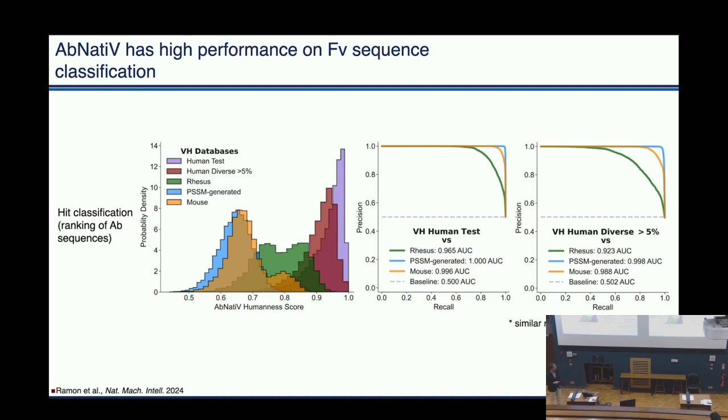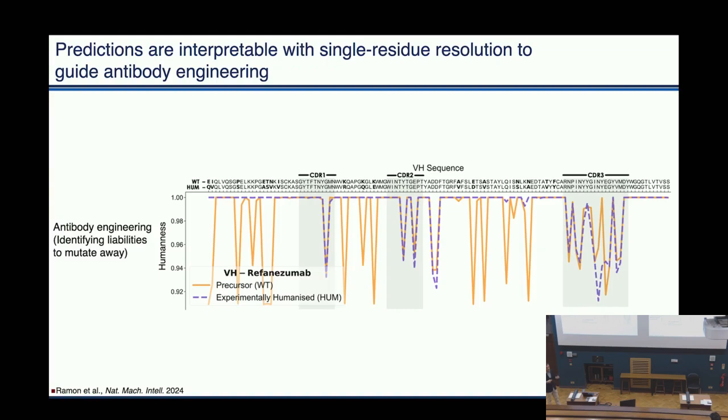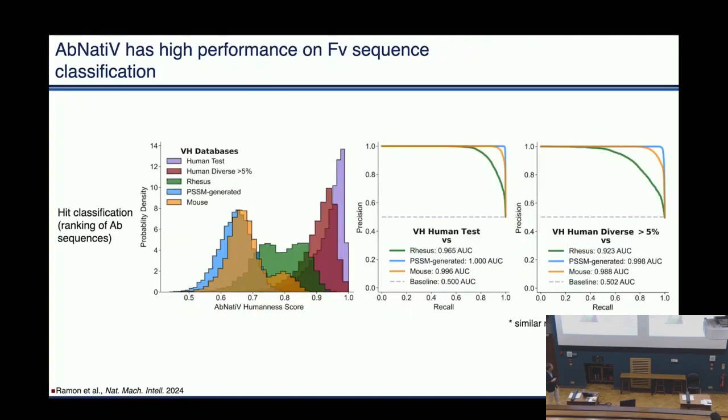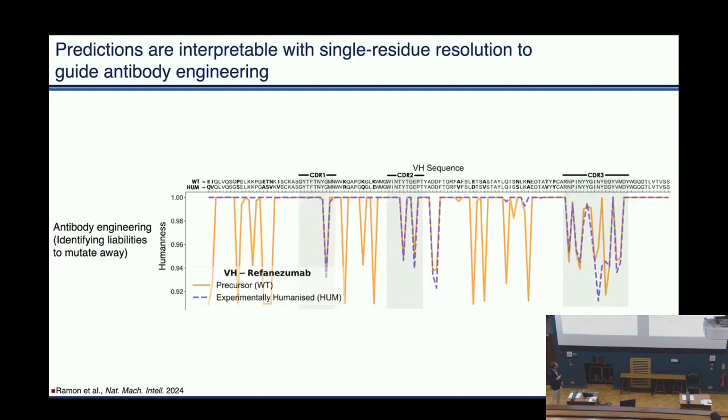And finally, we made it interpretable. Together with the score that we plot here on this x-axis, which is a score for the whole sequence, we have a single residue resolution profile that tells us the humanness at the regional level, so we can use it to design mutations. This example in particular is a mouse antibody that has been humanized experimentally and became an approved therapeutic.